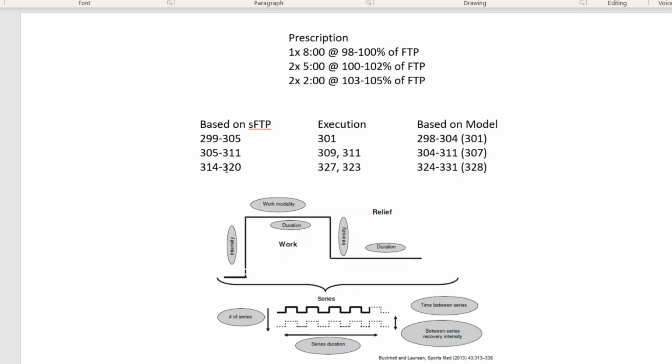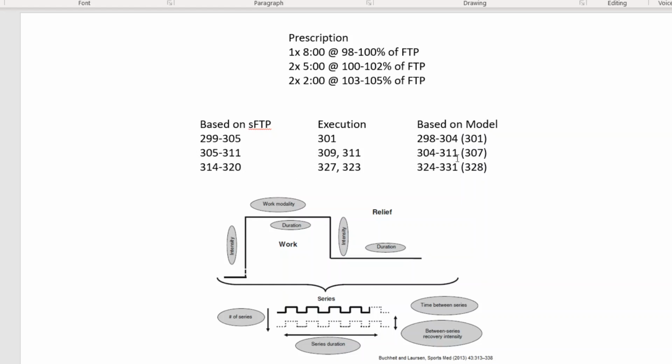But now as we're getting into the shorter duration, the 2 minutes, this is a percentage of FTP, 103 to 105%. The single anchor point gives you 314 to 320 watts. If we go to the 2 minute and hover over that on the model, take 95% of that, it gives you 328 with a range of 324 to 331.